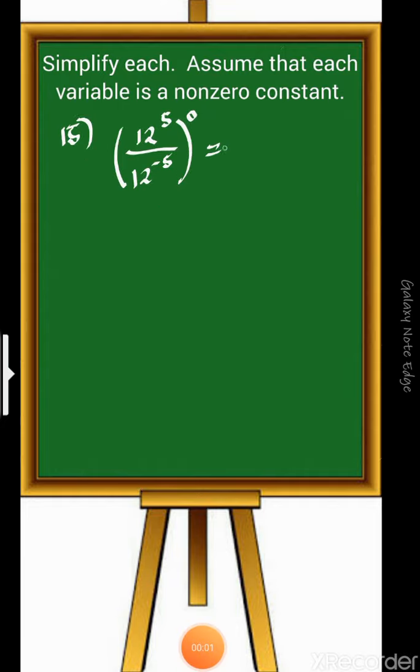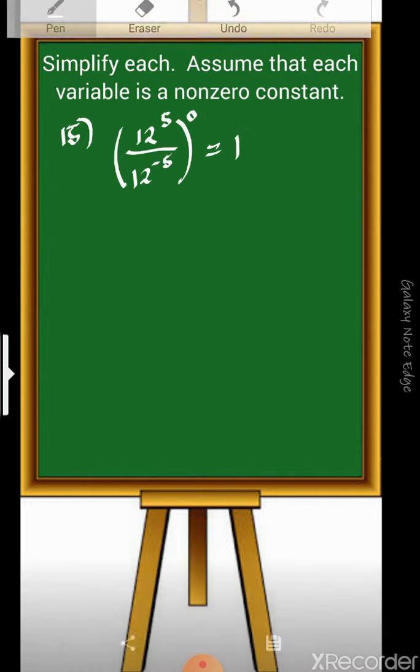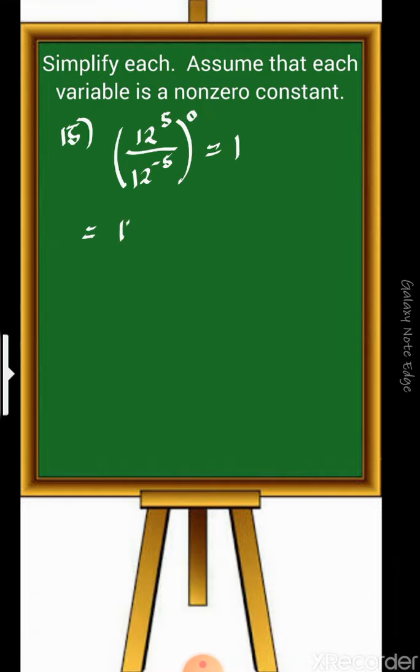For number 15, by applying the definition of zero exponent, the answer here is 1. Because this expression is inside parentheses and it is raised to 0. And if we're going to distribute and multiply 0 exponent to every exponent inside parentheses, it will become 12 raised to 5 times 0 over 12 raised to negative 5 times 0.